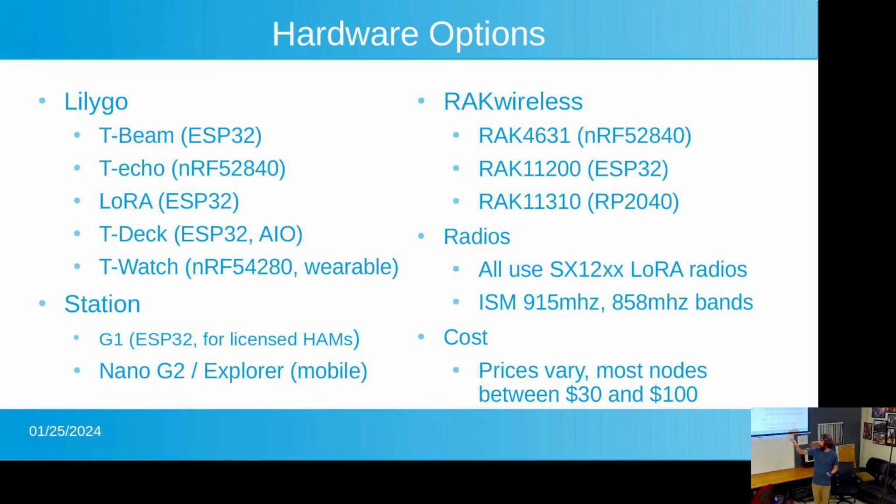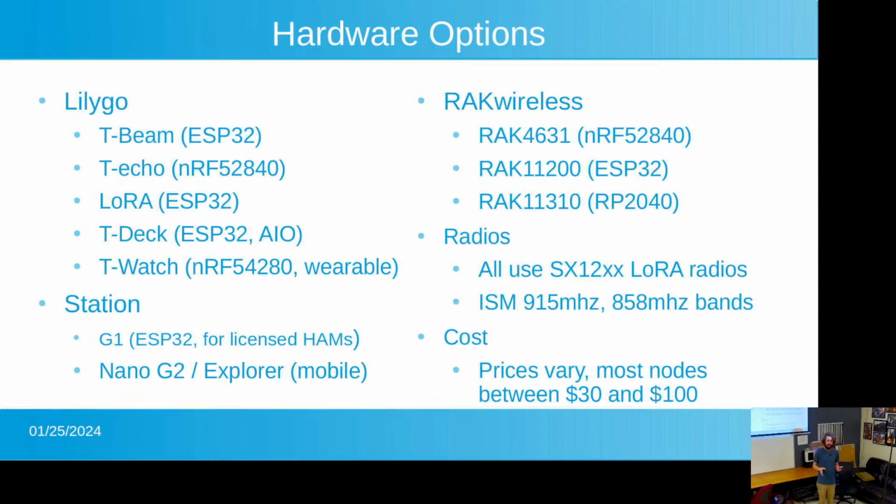The station ones are aimed more at amateur radio operators. There is an amateur radio specific mode that disables encryption and allows for higher transmit power and also more transmit time. So the station guys usually go after that.